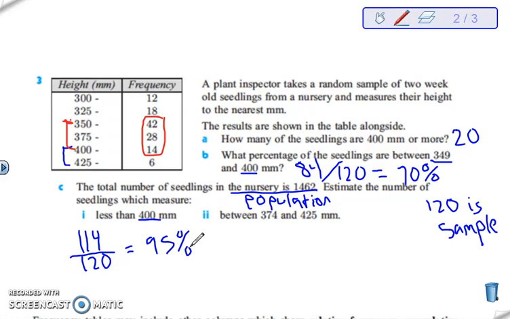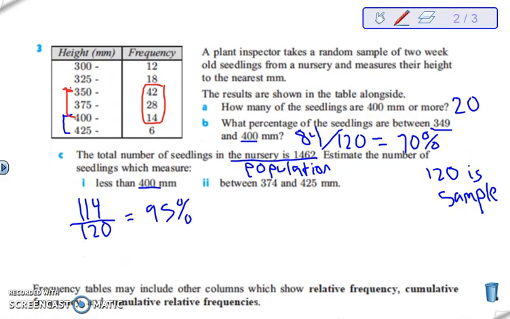So if I'm translating that to the entire population, I'm just going to take 95% of 1,462, so 0.95 times 1,462. And that should give us about 1,389.